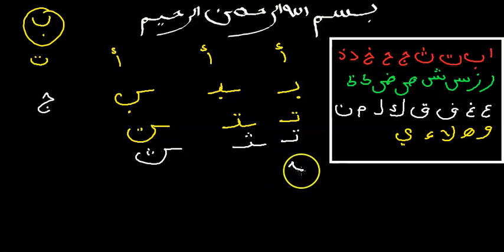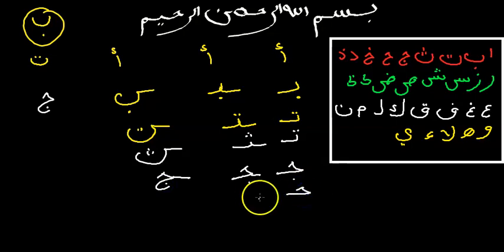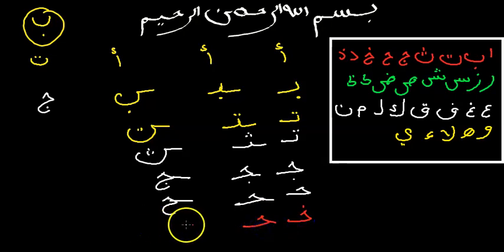The beginning form is this, the middle form is this, and the end form is this. Same thing with ha'un: the beginning form, though it doesn't have any dot, the middle form of ha'un is this, and the end form is this. What about kha'un? The beginning form of kha'un is this, the middle form is this, and the end form for kha'un is this.